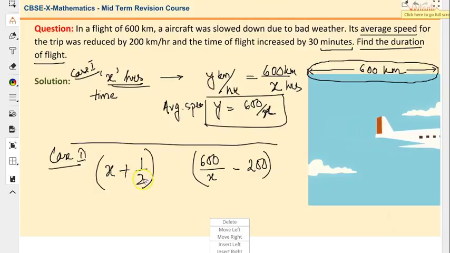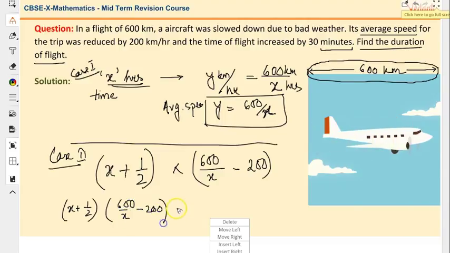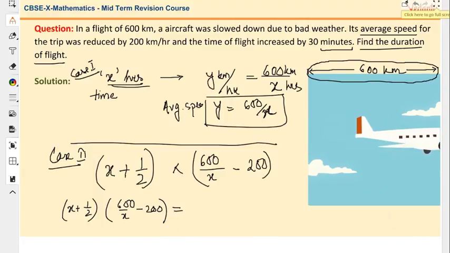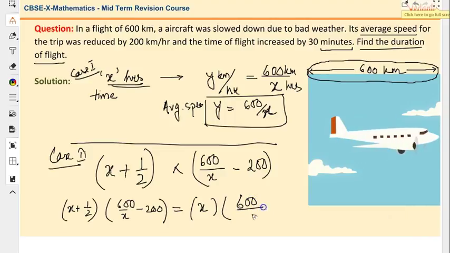Now in this much time, it covers the same distance. So distance covered is the same. That means this into this will be equal to this into this. So (x plus 1 by 2) into (600 by x minus 200) is going to be equal to the distance covered in x hours at speed 600 by x.